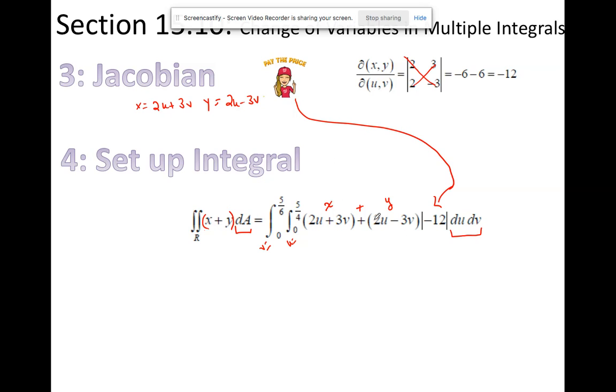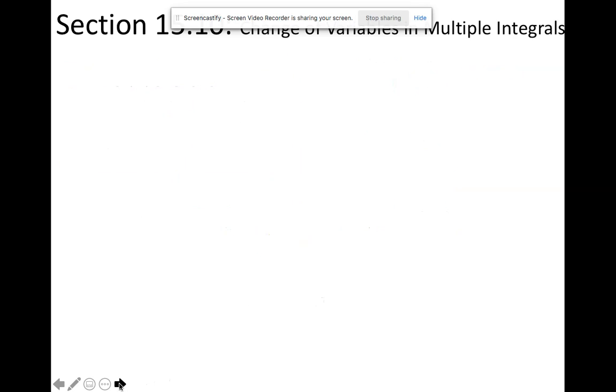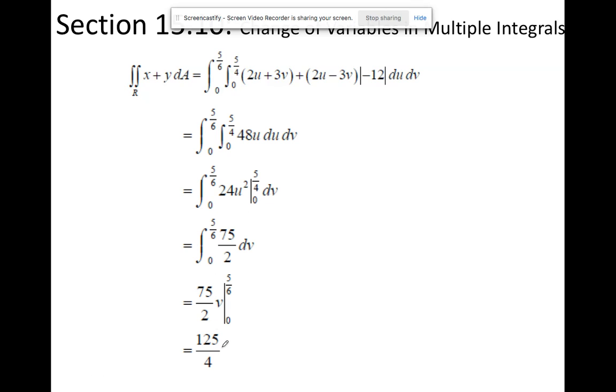So I'm going to clean this up. I can put my 12 on the outside, just like we used to do in Calc 1, right? I can take 12, put it on the outside, or leave it inside. 2u plus 2u is 4u. 3v and -3v is going to go away. Bam. So 4u times the absolute value of -12 is 48u.